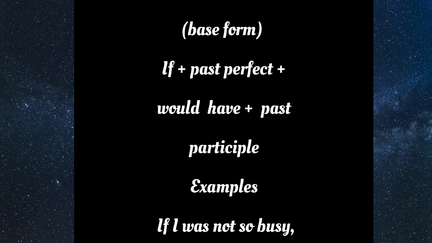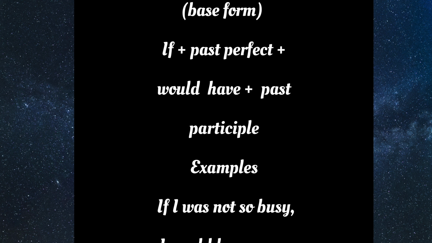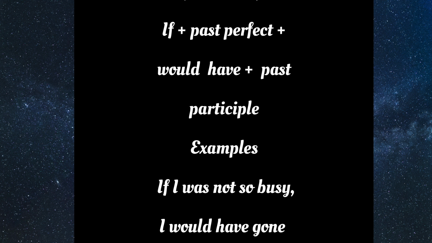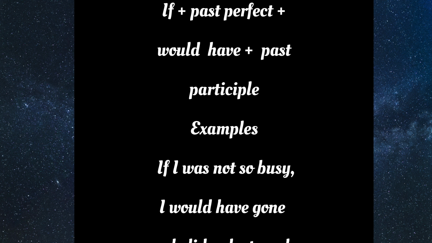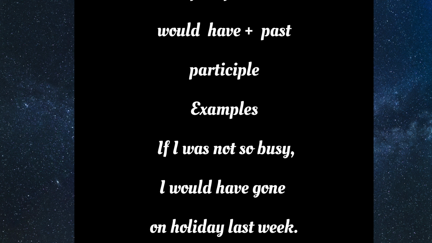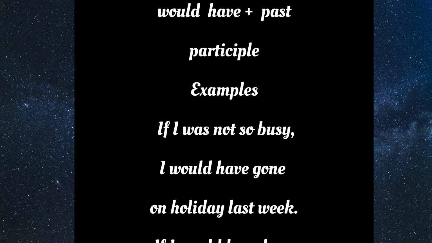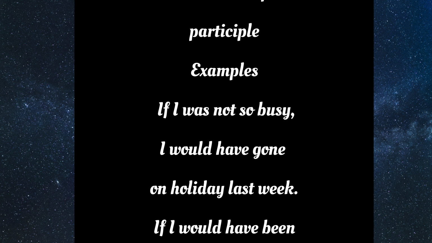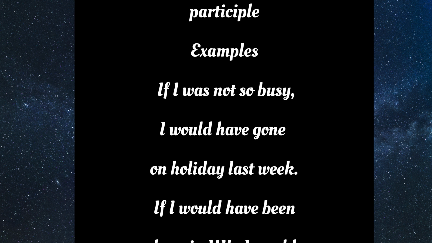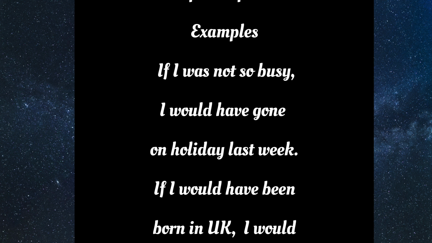For example, if I was not so busy, I would have gone on holiday last week. The sentence starts with if, then I was not so busy, the simple past, and then I would have gone on holiday last week.